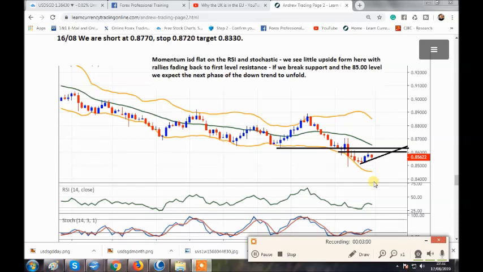I've got a target here of 83.30, which I need to extend actually, because that's only about 250 odd pips away. I actually think it's going down to the next monthly level, which is 75, another 500 pips. So this one has worked quite well so far, not as well as the other one.